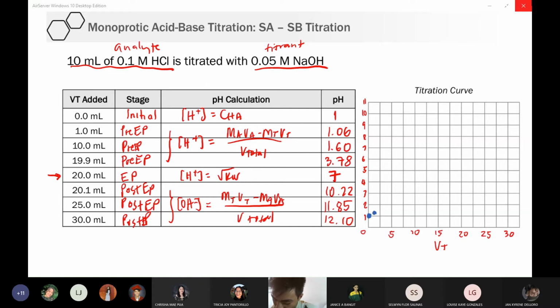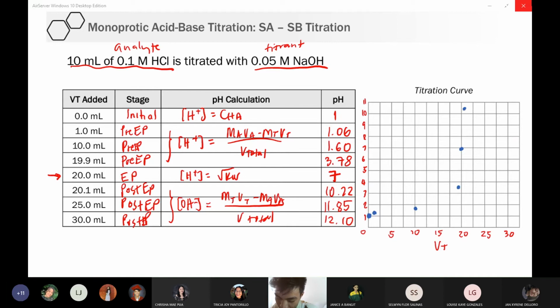10 mL, 1.60. Ay, 20 pala yung ano. 7. 20.1 is 10.22.